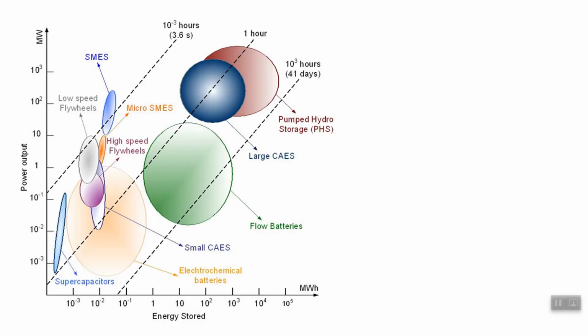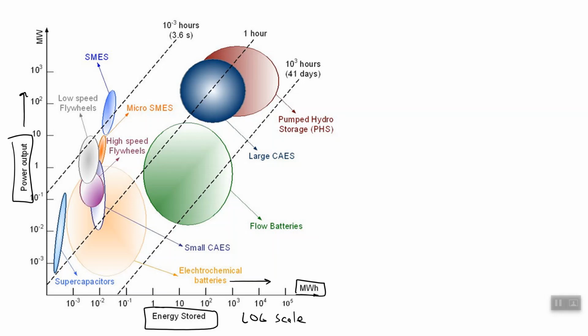Okay, this plot right here shows how the different technologies compare currently with respect to how much energy we can store and then the maximum power output we can get from this technology. So here we've got megawatt hours of energy stored, and notice it is a log scale, which means going to the right doesn't mean you're linearly increasing your ability, you're exponentially increasing your ability to hold energy. Likewise, this is a log scale as well.